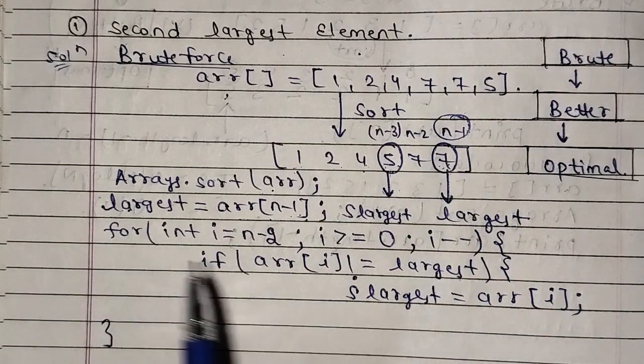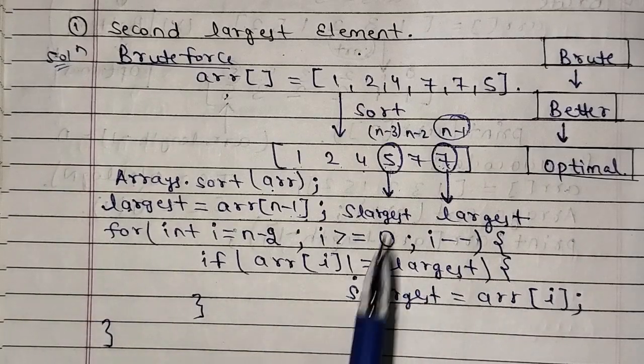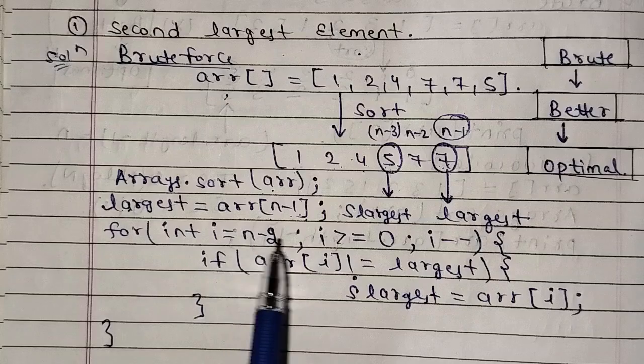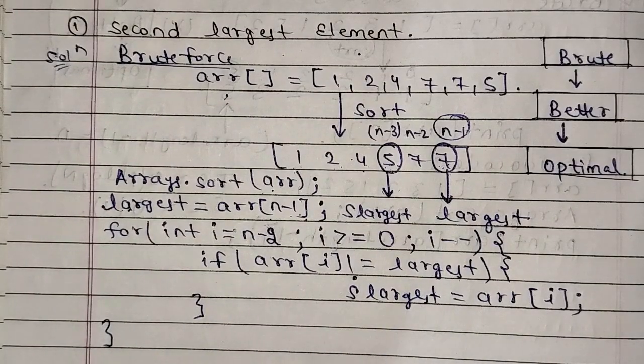And we traverse this array starting from the n minus 2th index. Why are we traversing this array from n minus 2?